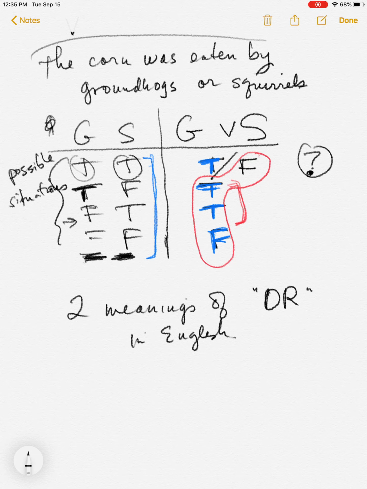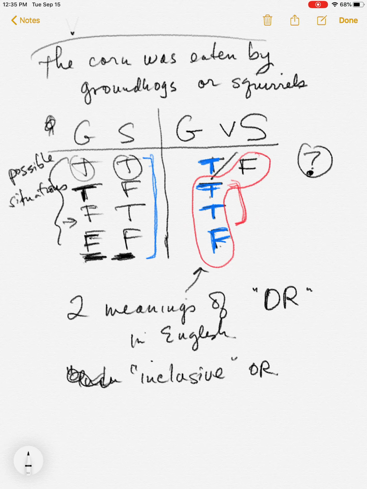One of them is what I've got in blue here, and that's called the inclusive or. Where you've got true, true, true, false. It's false only when both disjuncts are false and it's otherwise true. So it's kind of like an and/or.